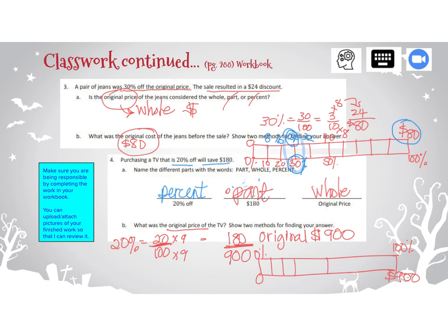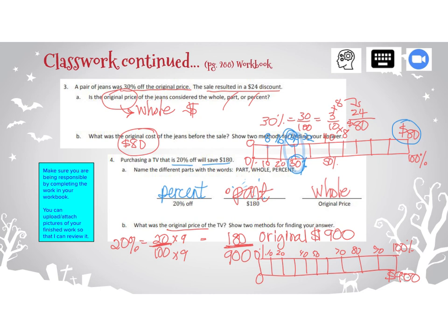Let's see if that goes. If I go 0, here's 10, 20, 30, 40, 50, 60, 70, 80, 90%. Okay, we've got those all mapped out all the way to 100%.